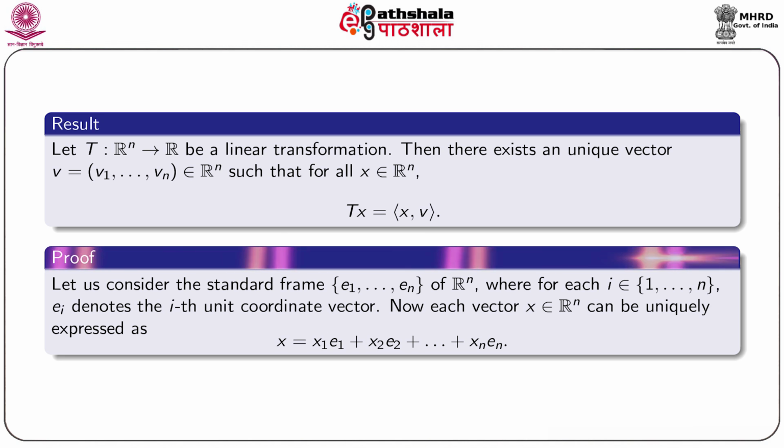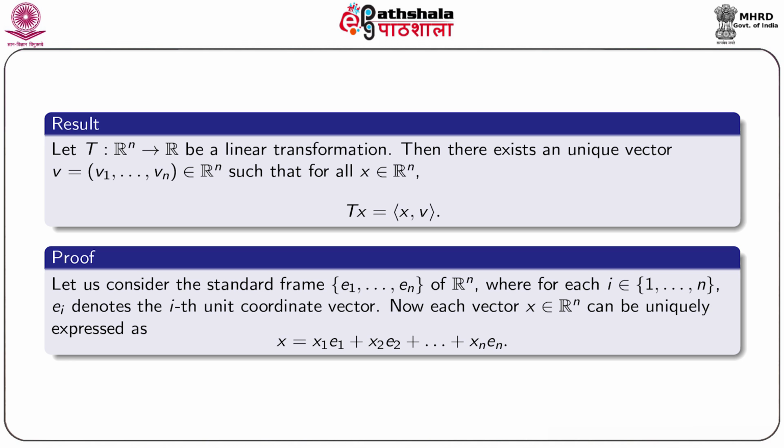Let us give a proof. Let us consider the standard frame E1, E2, ..., En of Rn, where Ei denotes the ith unit coordinate vector for each i from 1 to n. That is, Ei is the vector which has ith component 1 and all other components 0. Since this is a frame, obviously it is a basis. Now, each vector x in Rn can be uniquely expressed as a linear combination of these Eis.